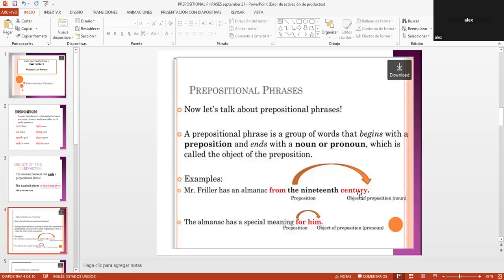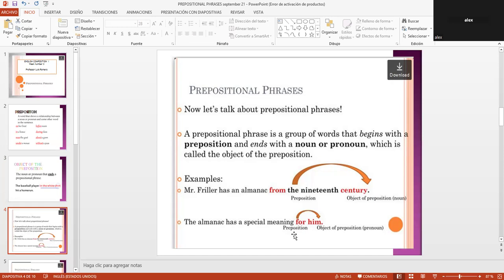So from the 19th century corresponds to a prepositional phrase which is composed of a preposition, from in this case, and the noun. You can see it here, noun, which is the object of the preposition, right? You would never have a prepositional phrase if you don't have an object of the preposition. This is the preposition, and this is the object of the preposition, which in this case is a noun, right? So from the 19th century is a prepositional phrase.